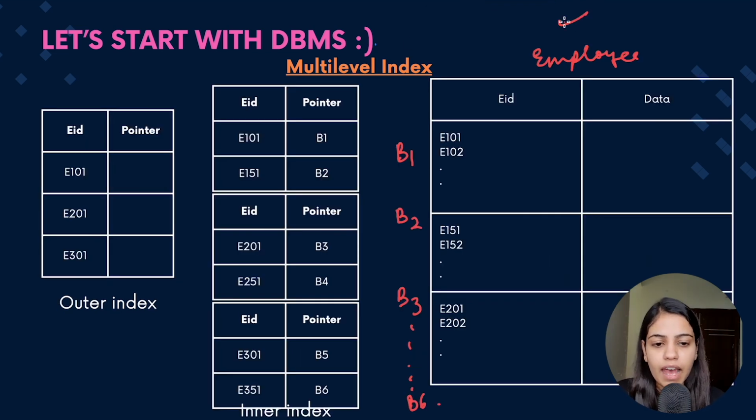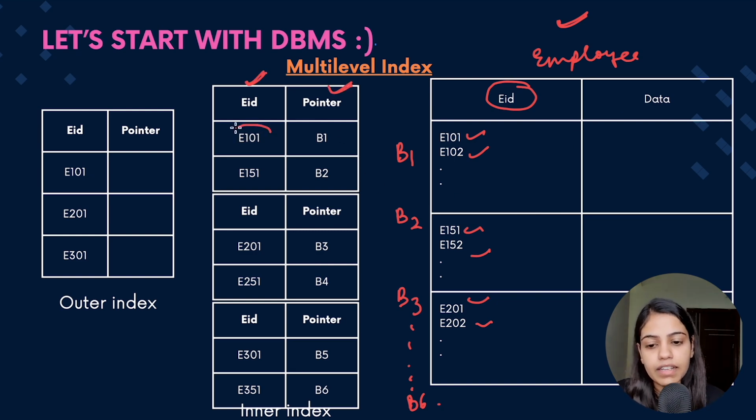So here you can see that we have an employee table. In this employee table we have the employee ID and the different data of that particular employee. Here the employee IDs are given and the corresponding blocks are given here. Now we make the index table, indexing on the basis of EID. We'll provide this EID in the index table and then provide the pointer to the address where this data is stored.